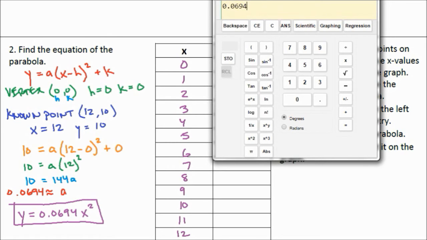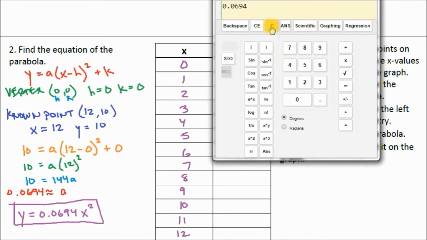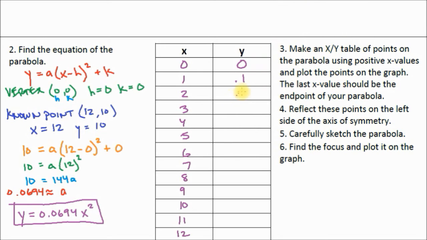So that's going to be 0.1. So our first one is 0.1. Let's put 2 in. Same thing, 0.0694 parenthesis 2 close parenthesis raised to the power of 2, or square it. And we've got 0.27. We're going to round that to 0.3.